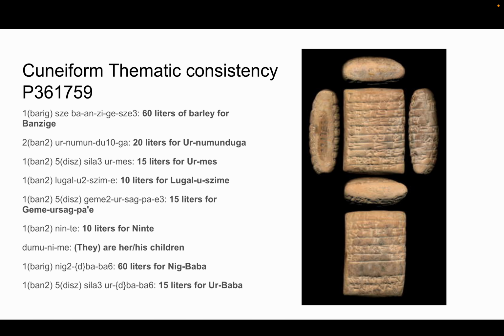So what would a proper, meaningful reading look like? So this is a Sumerian cuneiform, and you can see it reads 60 liters of barley for this person, 20 liters for someone else, and so on. And even though it is just short, you can see the consistency of themes. It is a quantity of something for somebody.